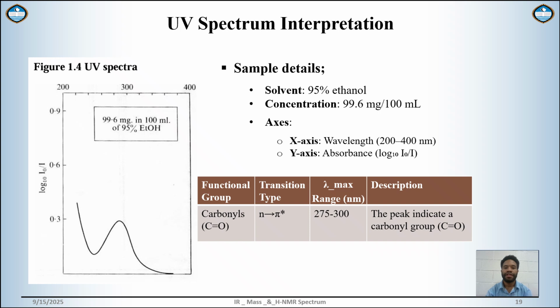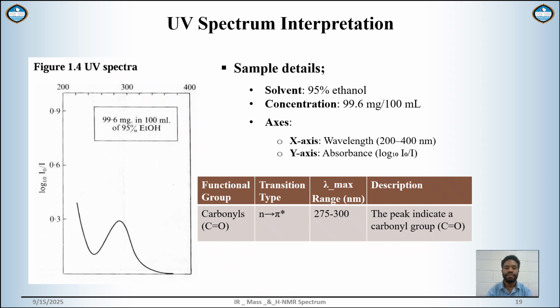UV spectrum interpretation. Sample details: solvent is 95% ethanol, concentration is 99.6 milligrams in 100 milliliters, and the x-axis is wavelength from 200 to 400 nanometers, and the y-axis is measured in absorbance. This UV spectrum confirms that compound X contains a C=O double bond.